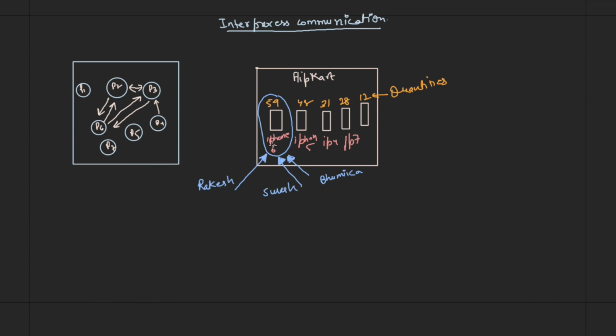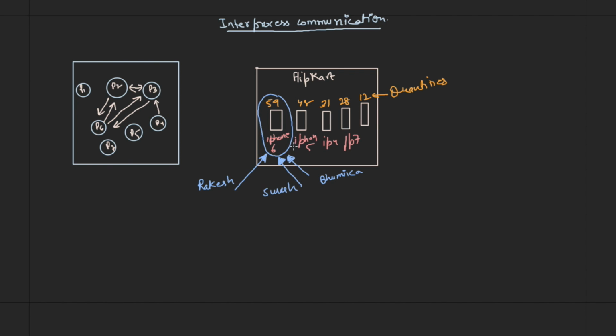Now if they are trying to buy the same phone, it may create some complications. When I say complications, it is because this phone will be a shared resource or a shared variable for all of them.